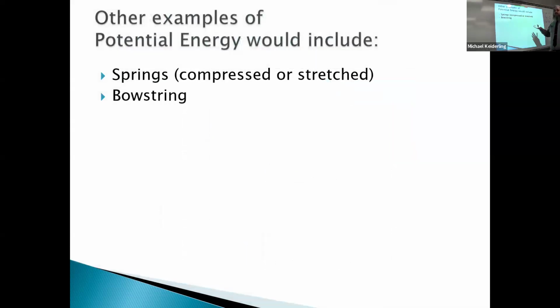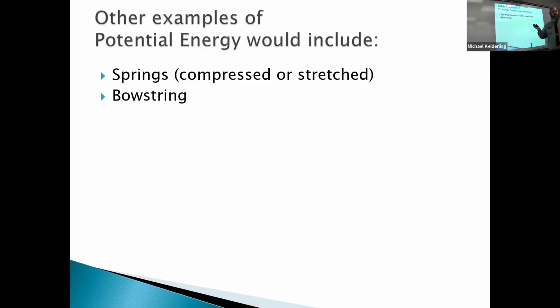So, the other more common source of stored potential energy you're going to run into, that's not like complicated chemical energy or electrical stored energy, is springs. Springs store energy in deformation, in bending.